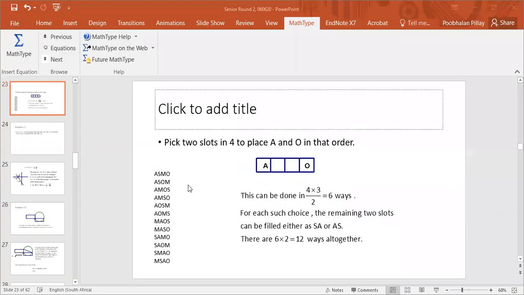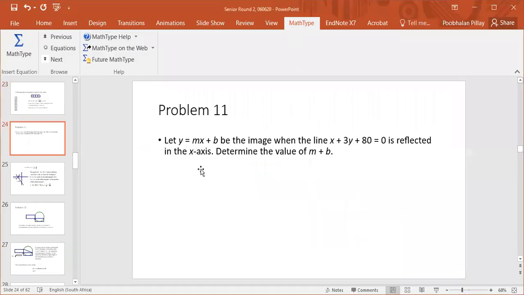So let's get on to the next problem. It says here, problem 11: let y equal to mx plus b be the image when the line x plus 3y equals 80 is reflected in the x-axis.